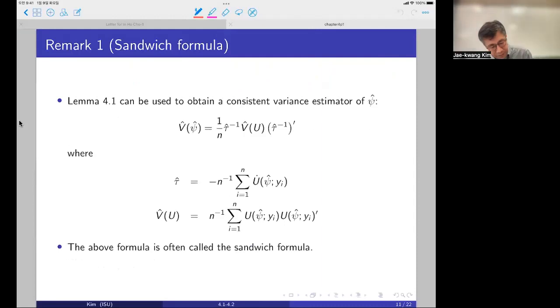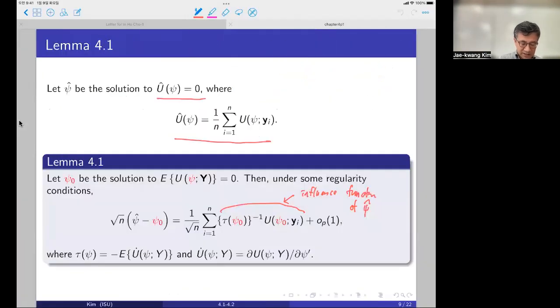Okay. First, here are several remarks. The first remark is that this lemma can be used to obtain a consistent variance estimator, right? So basically, this is constant. This is a random variable, and so we compute the variance.